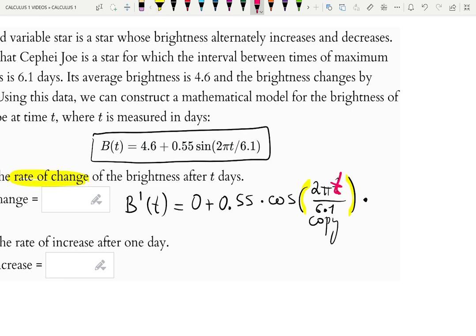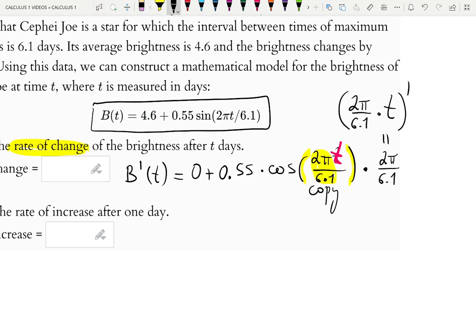The variable inside is t. Thus, everything else is a constant. So, when I differentiate this function, 2 pi over 6.1 t, the derivative will be 2 pi over 6.1, because it looks like so, 2 pi over 6.1 multiplied by t prime. And that is the answer, so don't overthink this too much.